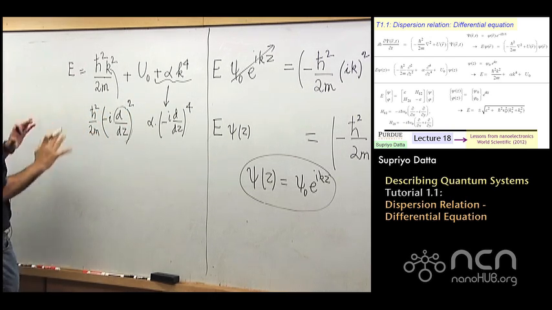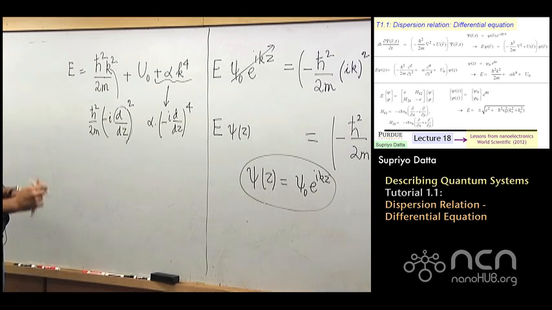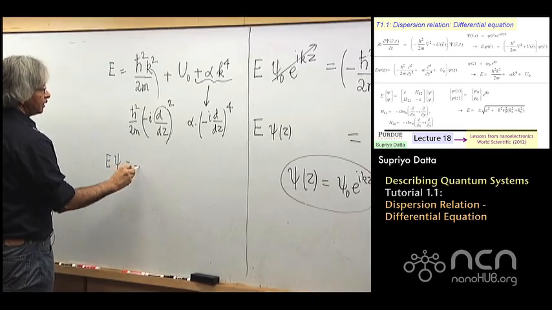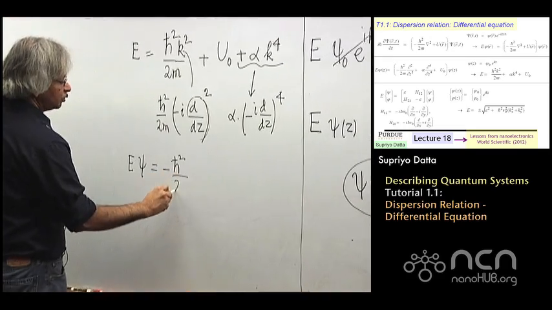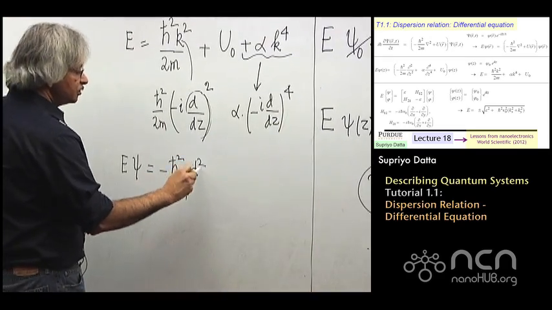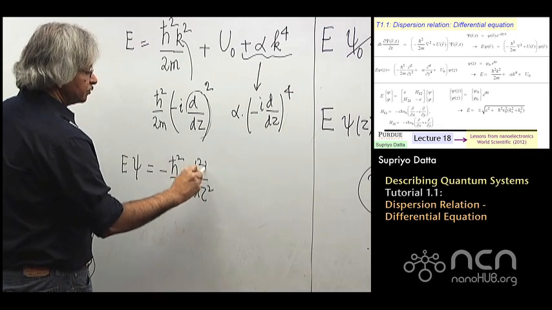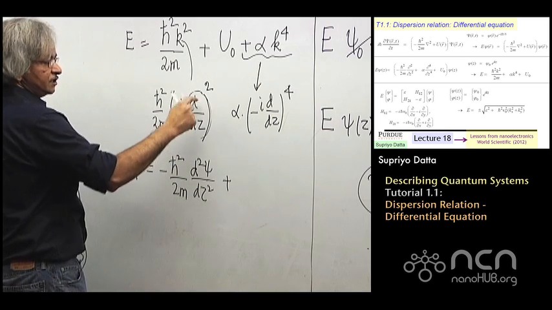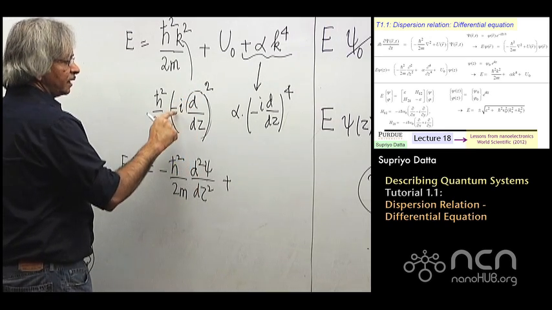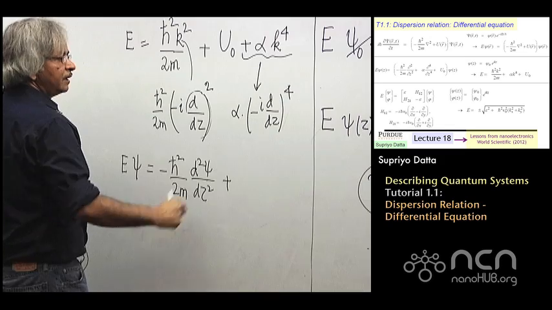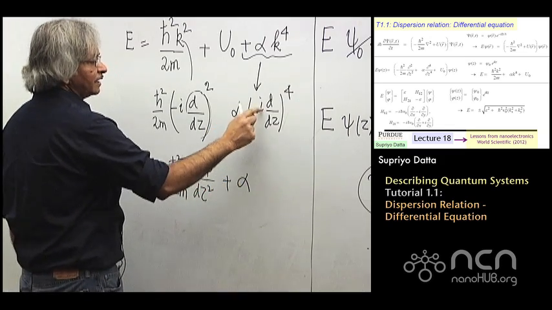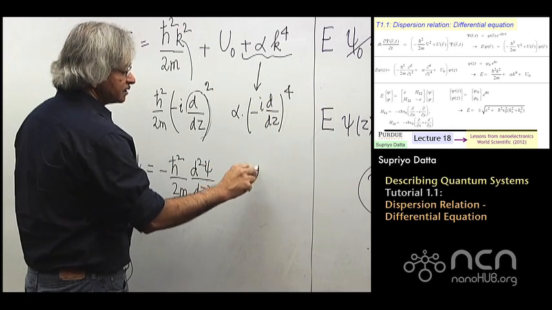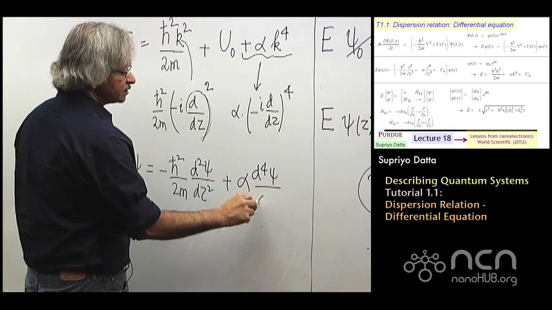And so the differential equation corresponding to this part B of this problem would be E psi is equal to minus h bar square over 2m d2 psi dz2, plus, so d dz twice is d2 dz2, and minus i square is minus 1, plus alpha, and then minus i to the power 4 is actually just plus 1, and d dz fourth means d4 psi dz fourth.